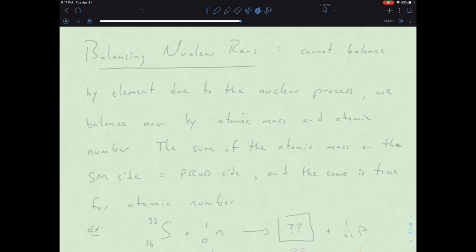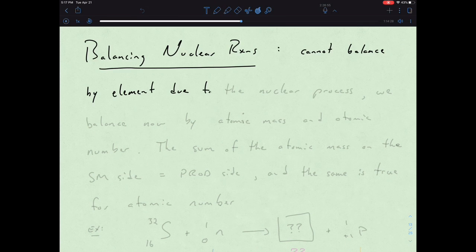Now let's look at balancing nuclear reactions. We cannot balance by element due to the nucleus, or due to the nuclear process.